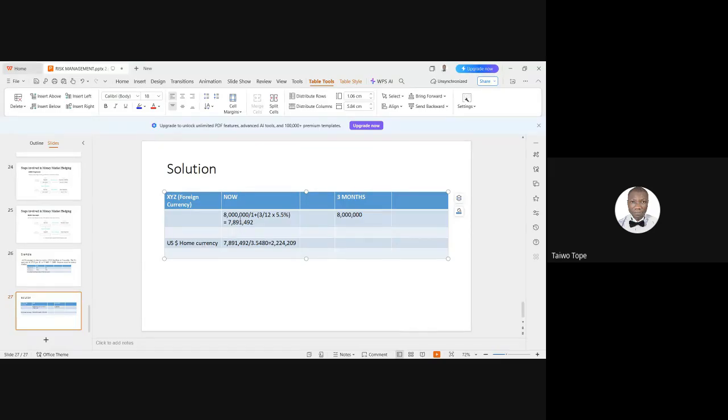This amount you borrowed, you've now made a deposit. What will it yield in the next 3 months? It will be 2,224,209 multiplied by 1 plus 3/100, that is 3%, multiplied by 3/12.